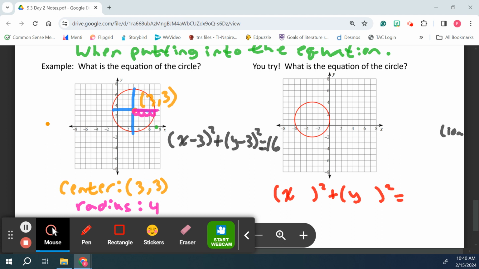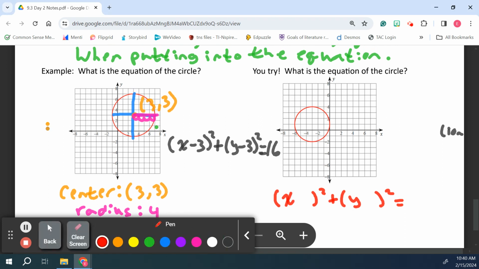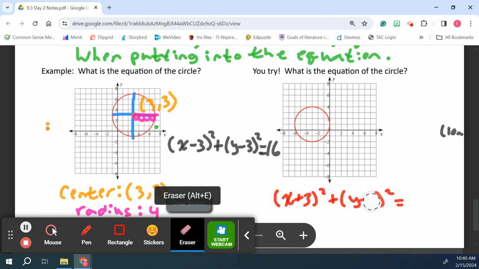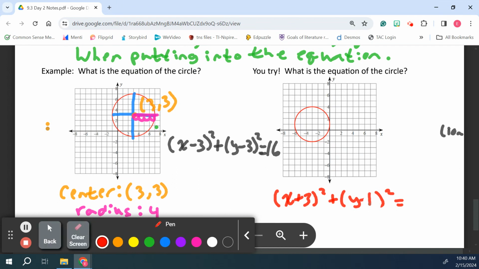Let's see. Who does Delta Math decide? Rebecca. What do we get? Oh, sorry. You just said -1 here. Oops. Equals, what'd you say, 9? Nice job.